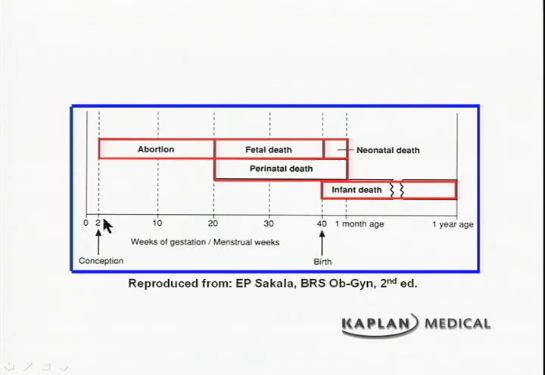If we have a loss of the pregnancy anywhere between menstrual week 2 and menstrual week 20, we call that an abortion. Now that could be either a spontaneous abortion, it could be an induced abortion. It is any pregnancy which is lost prior to 20 menstrual weeks.